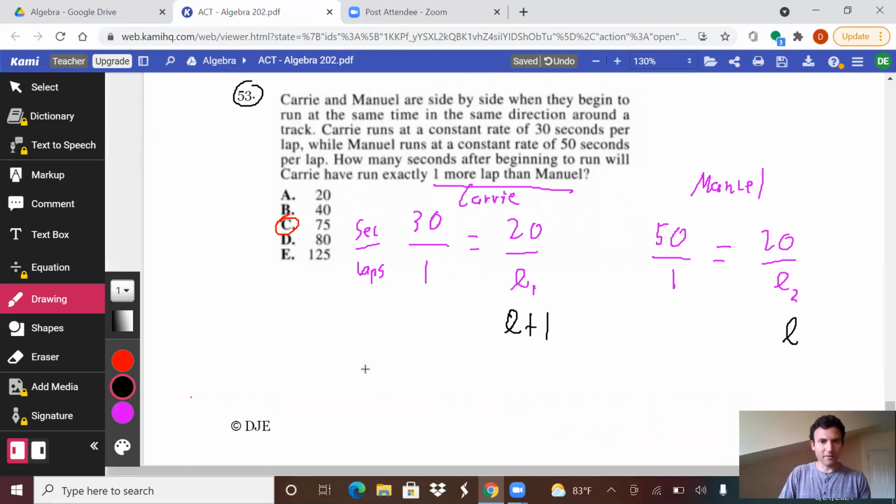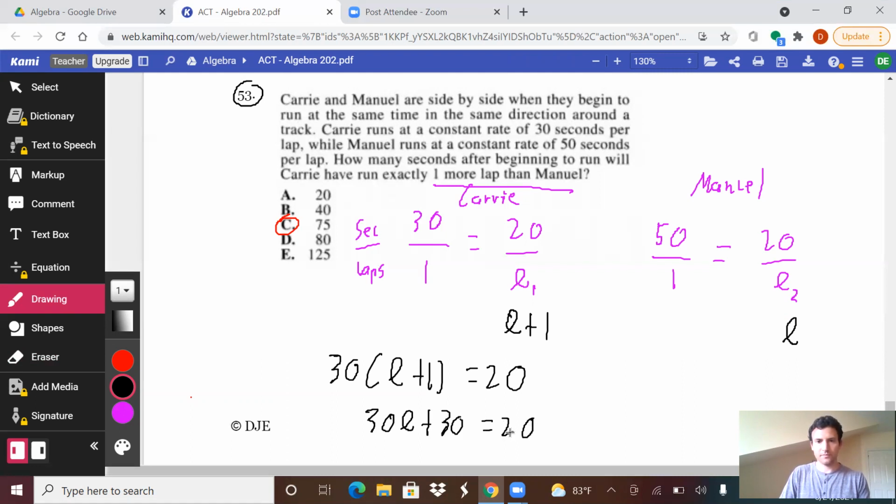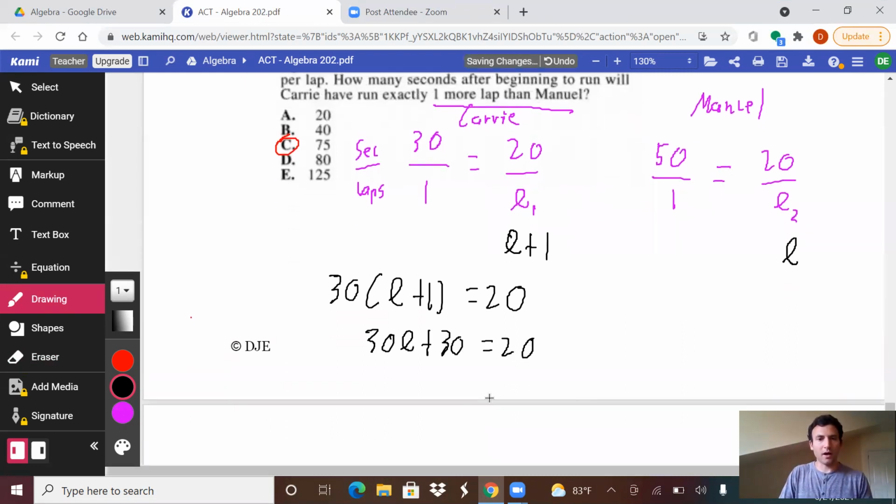So what we get when we cross multiply is 30 times L plus 1 equals 20 for Carrie. And so we have 30L plus 30 equals 20, right? What we end up getting here is 30L equals negative 10.